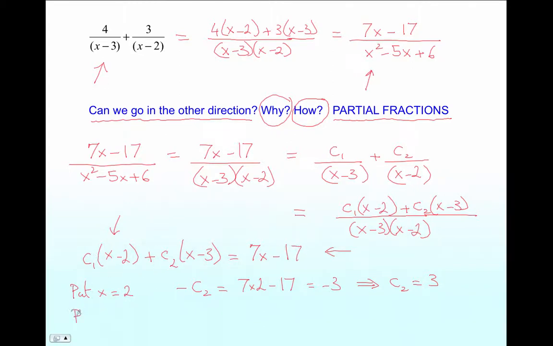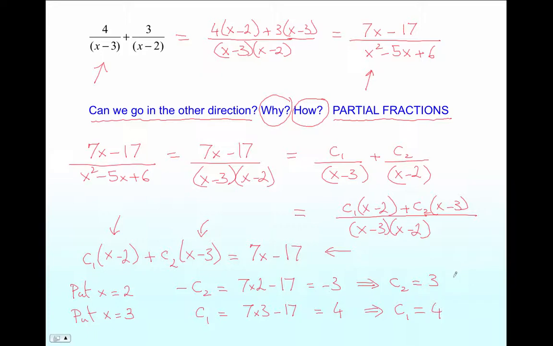Instead of putting x equal to 2, now I will put x equal to 3. So if I put x equal to 3, then this term over here goes away. And so I have c1 into 3 minus 2, which is 1. So c1 is equal to 7 into 3 minus 17. And that's 21 minus 17, which is 4. Therefore, I have got c1 equal to 4.